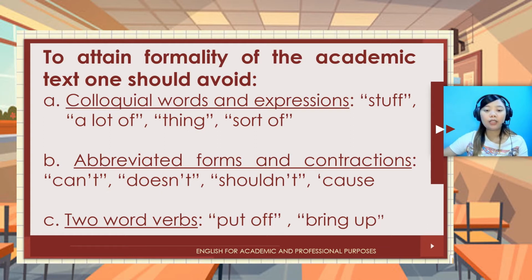The second one is abbreviated forms and contractions, or shortened words, like can't for cannot, doesn't for does not, shouldn't for should not, and cause for because. Since it's academic text, we have to be very formal with our words. Letter C, two-word verbs like put off or bring up.